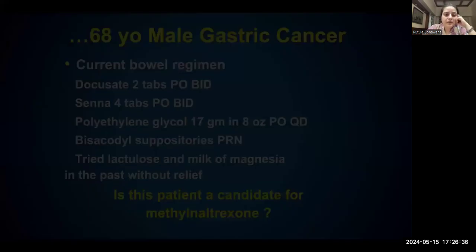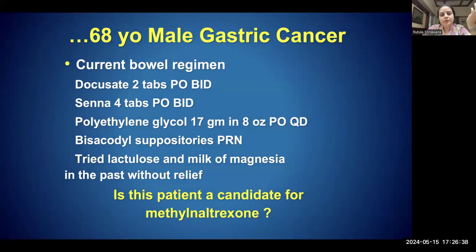Now this is the current bowel regime medications that are going on. So he's on docusate, he's on senna, he's on polyethylene glycol and bisacodyl suppository as and when needed. Do you feel he needs something else?